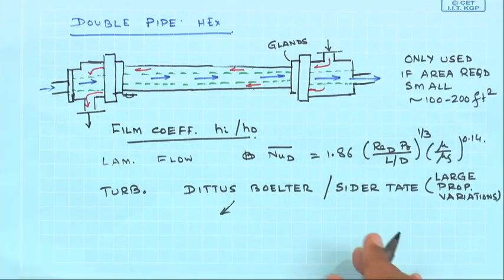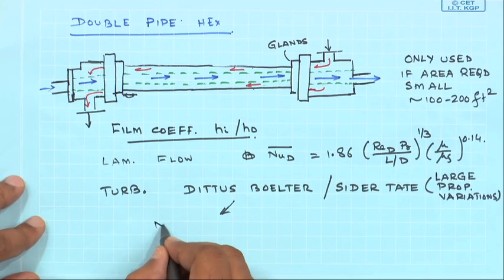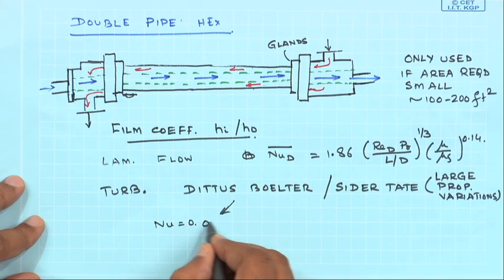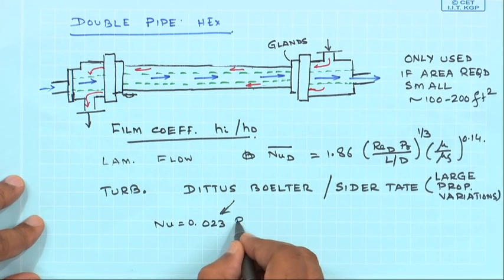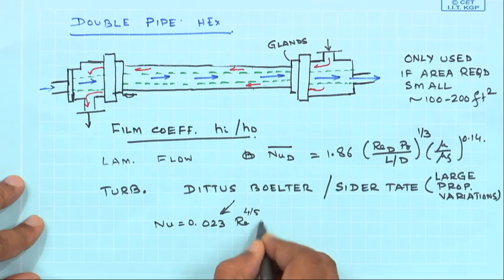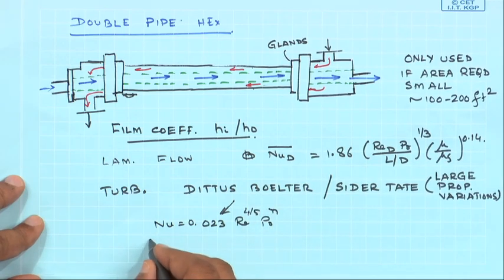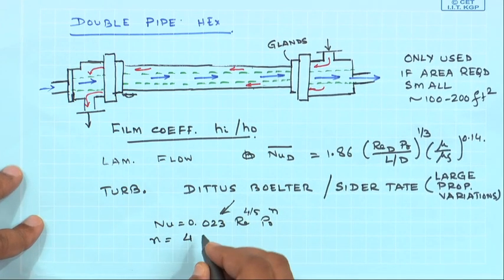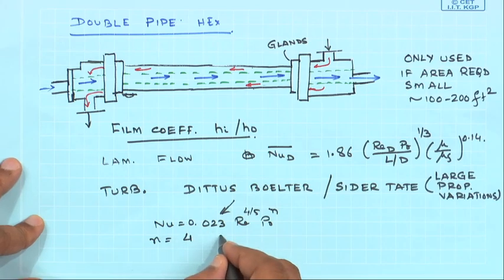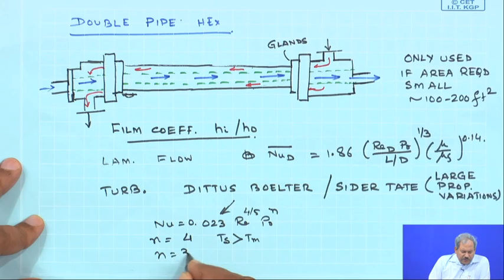But for completeness I am going to include it here as well, where the Nusselt number is 0.023 Reynolds to the power 4 by 5 and Prandtl to the power n, and this n can be 0.4 if T s is greater than T m, and n can be 0.3 if your T s is less than T m.